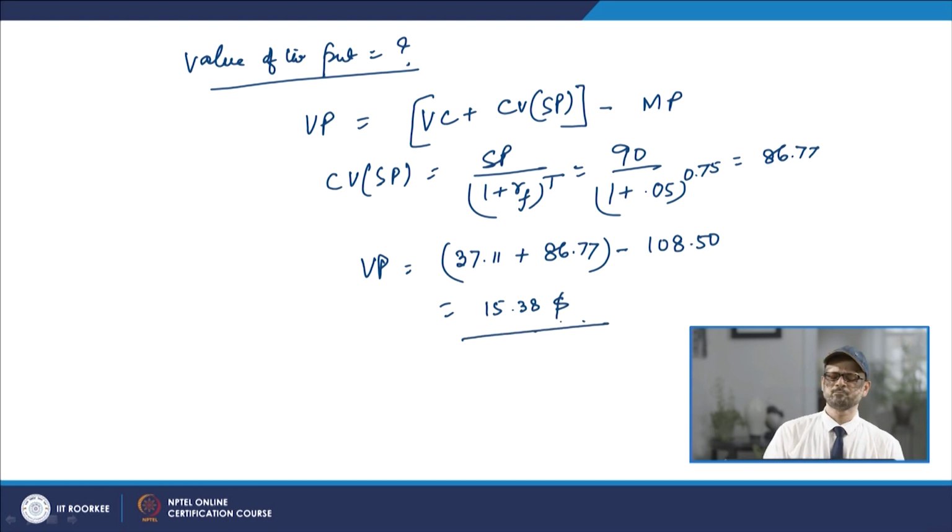So this way you can calculate the value of the put as well as the value of the call using such methods. Now many a times you have to combine. So basically one of the best ways to protect your assets against business risk is the method of hedging.